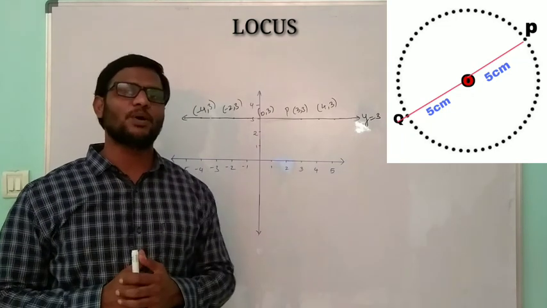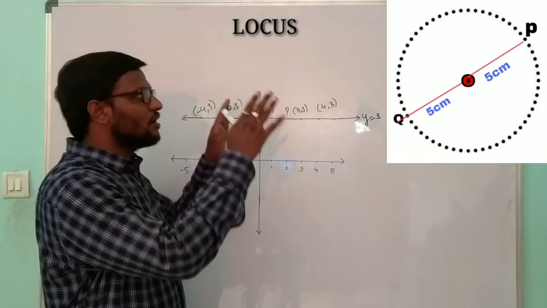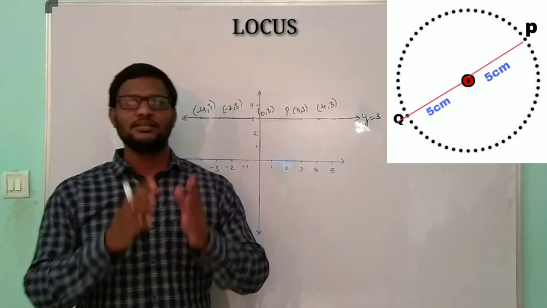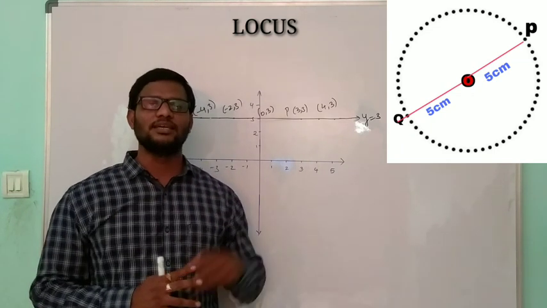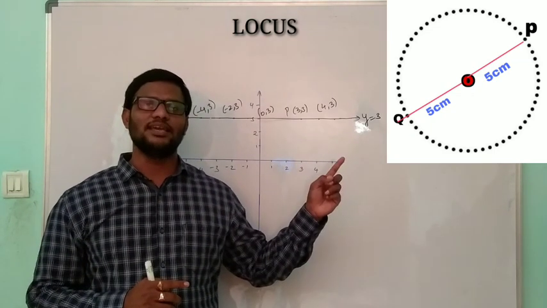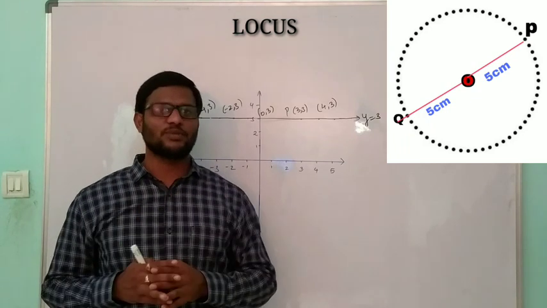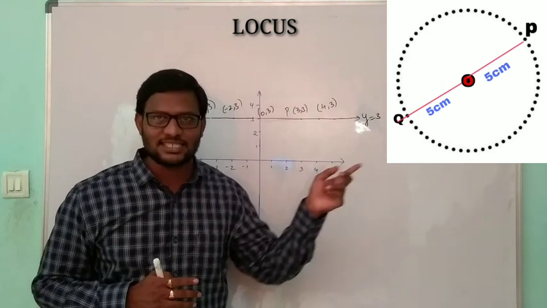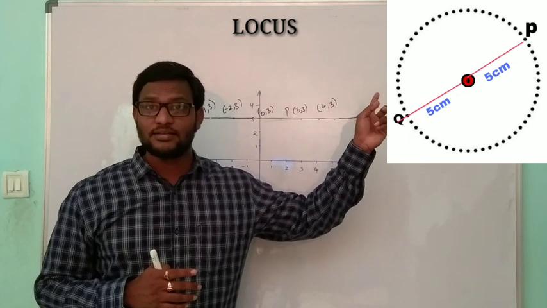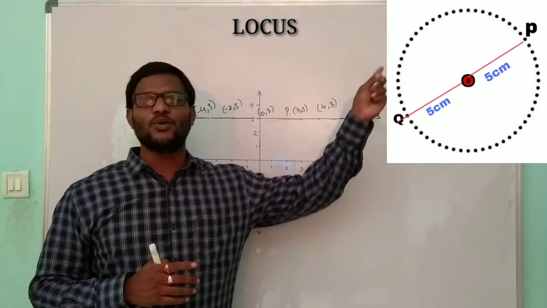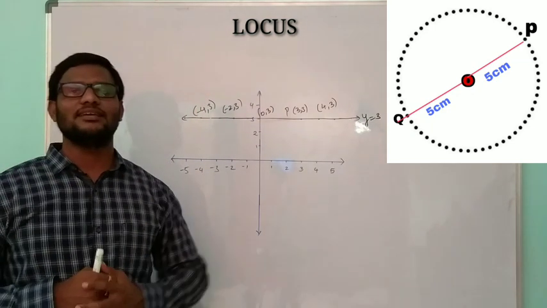So what is the common property of all these infinite points? Yes, distance. Each and every point is at a distance of 5 units from the center. So what is this set of points called? Circle. So in this example, circle is a locus.